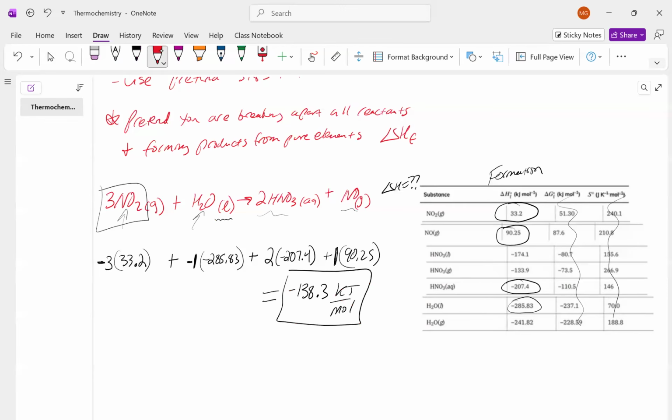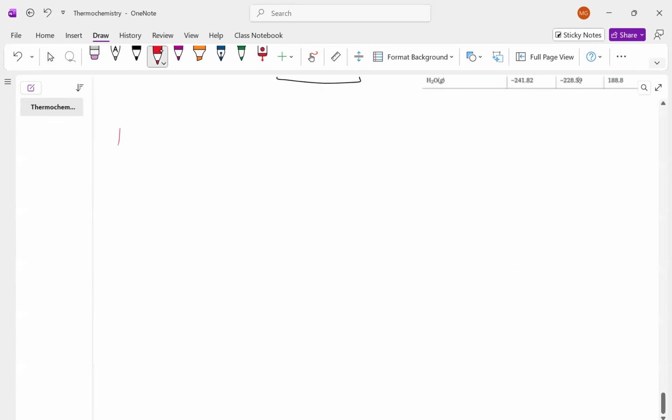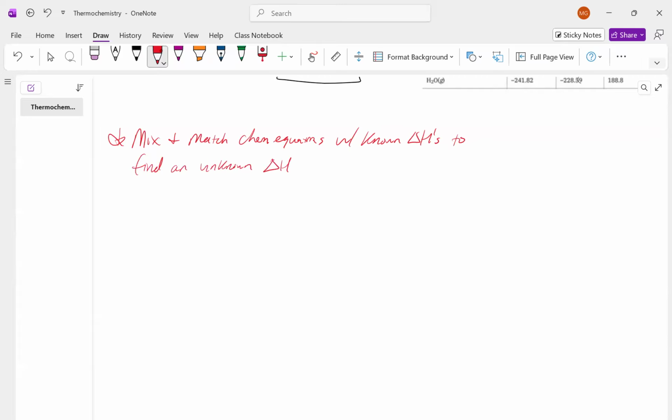Now, the second way I can use Hess's law is I can mix and match chemical equations with known enthalpies to find an unknown enthalpy.